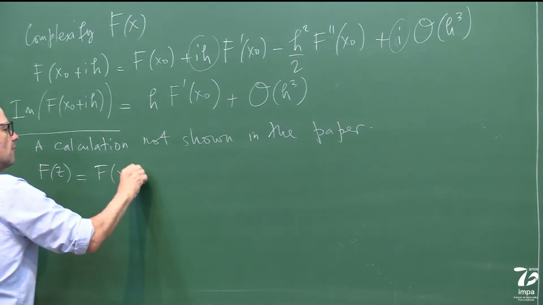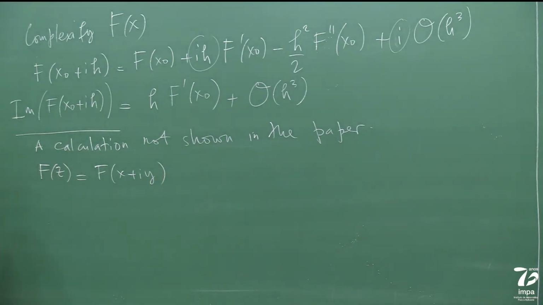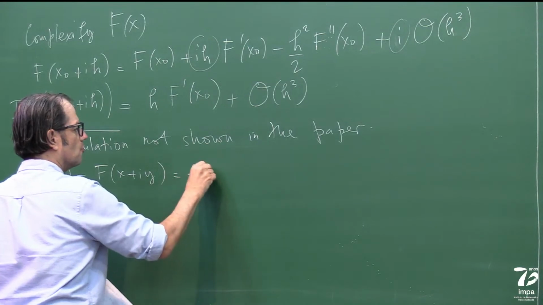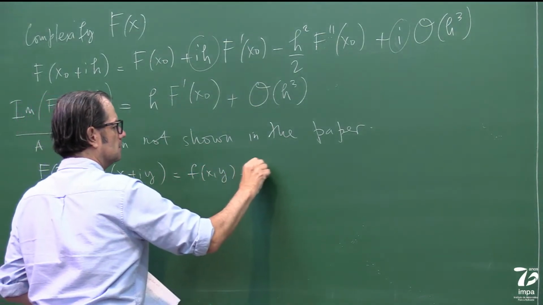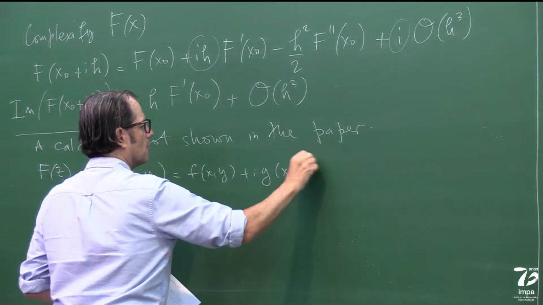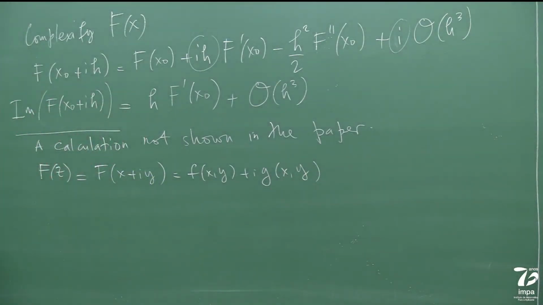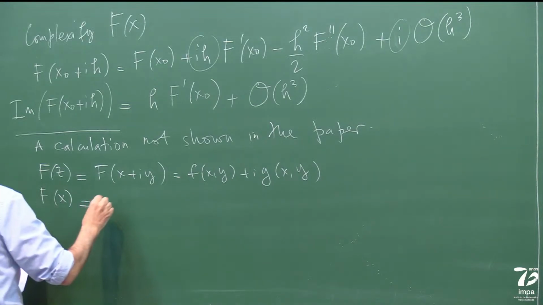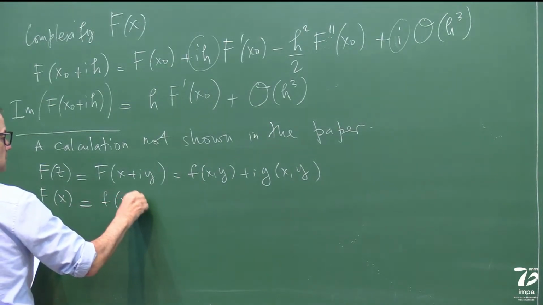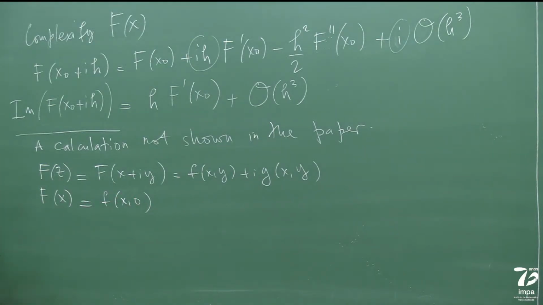Well, it's our function, our real valued function, complexified. And I'm going to use the following notation. Real part is little f. Imaginary part is little g. Okay? So of course, because this is a real valued function, f of x is this, right?